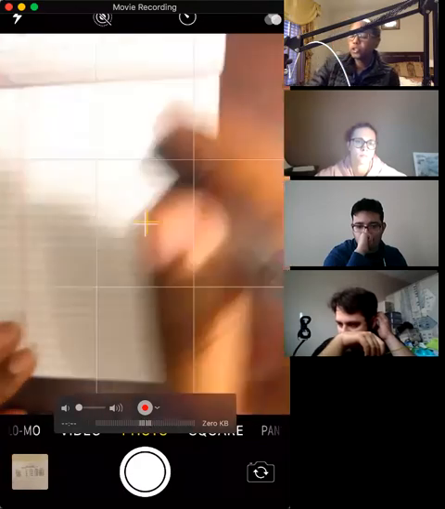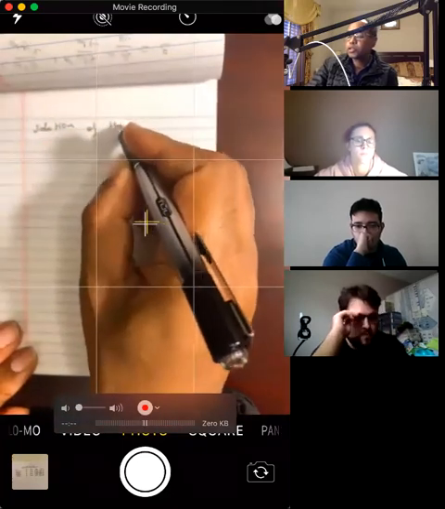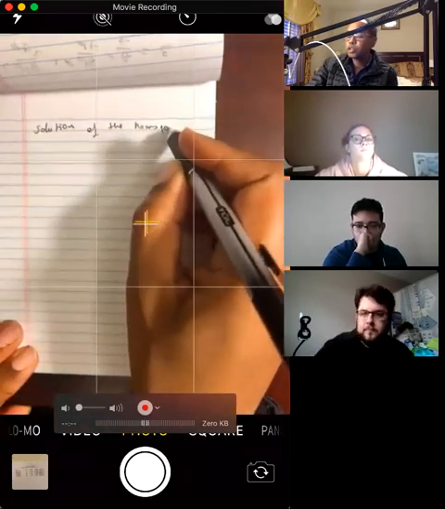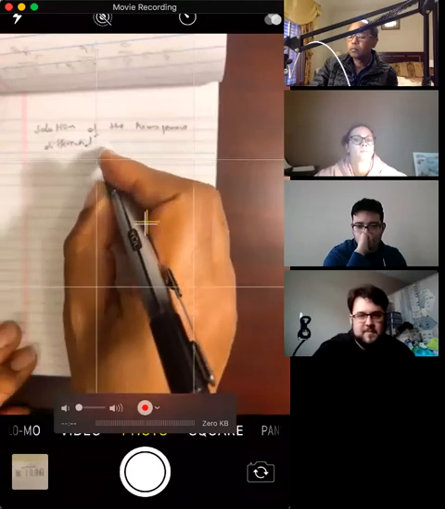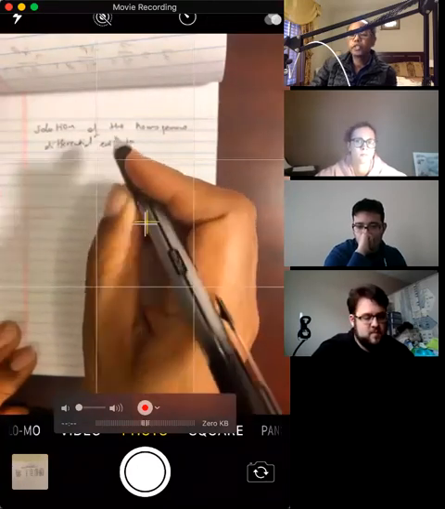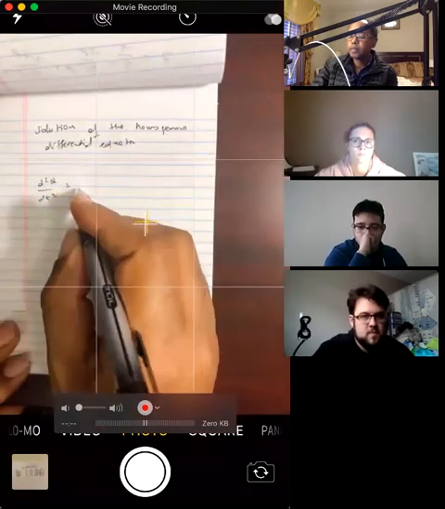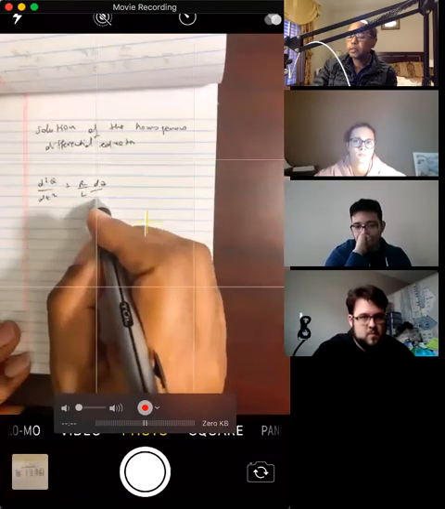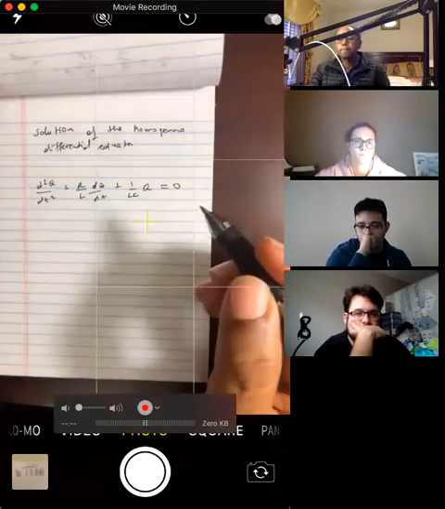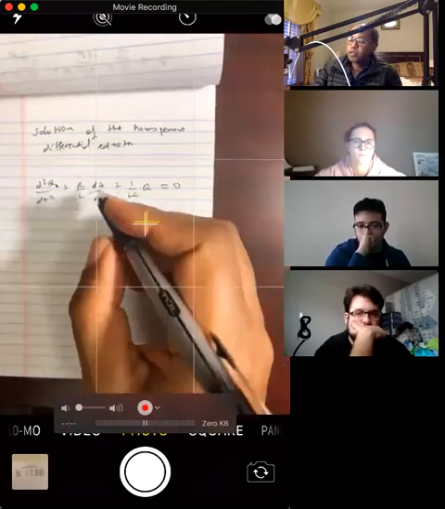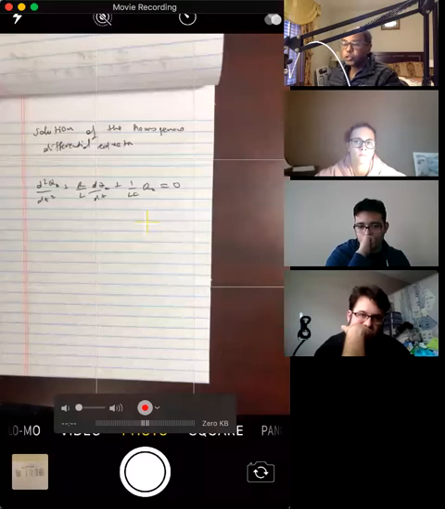And that differential equation is this one: d squared Q by dt squared plus R over L dq by dt plus 1 over LC Q equals 0. So this is the homogeneous equation, where QH is the solution of that differential equation.